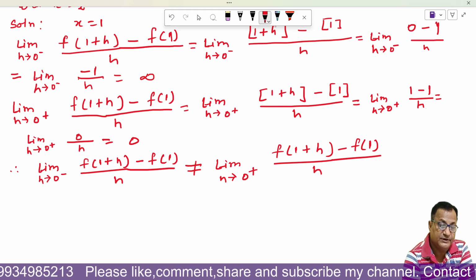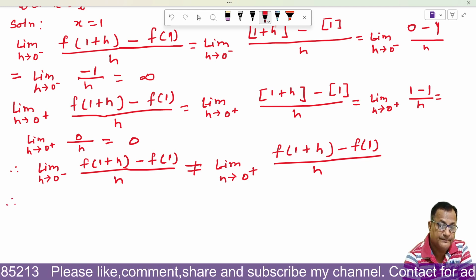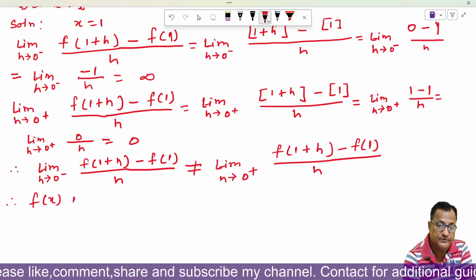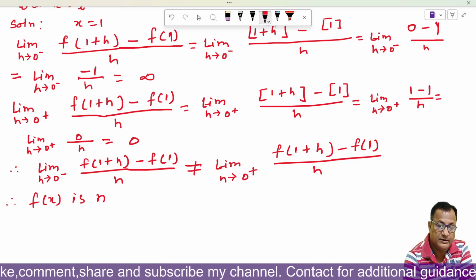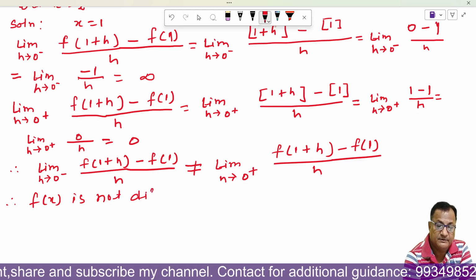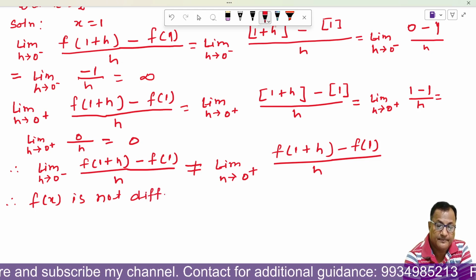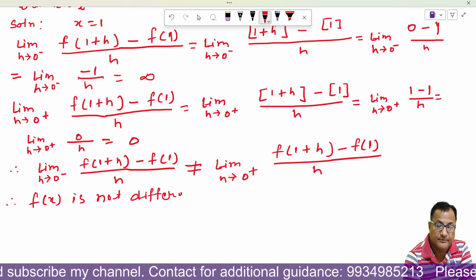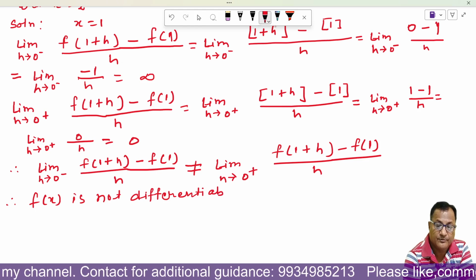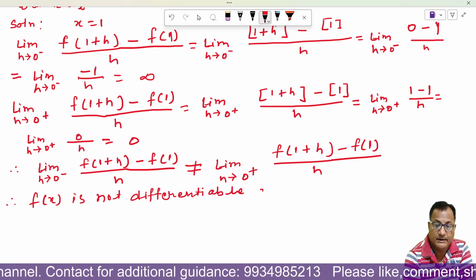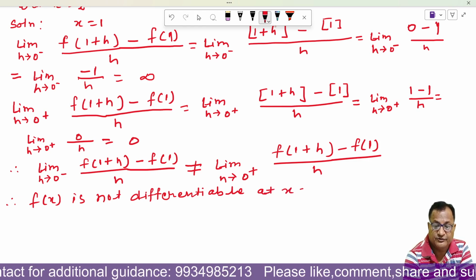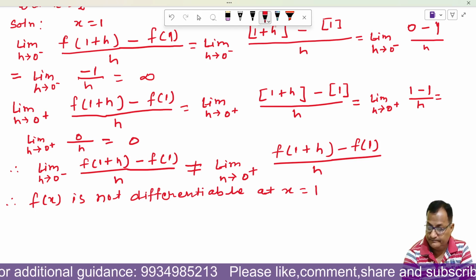So therefore f(x) is not differentiable at x = 1.